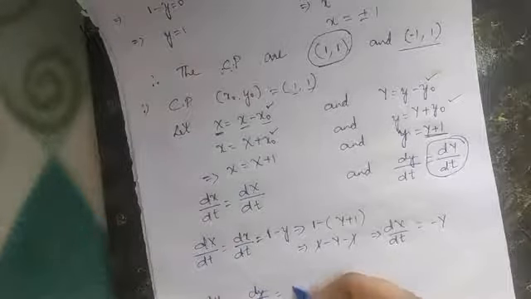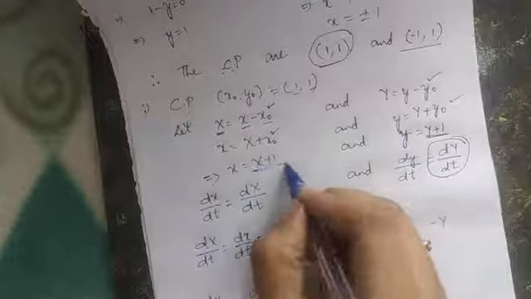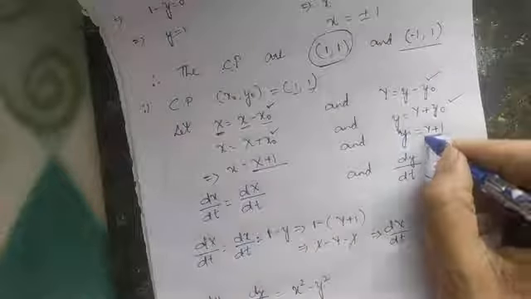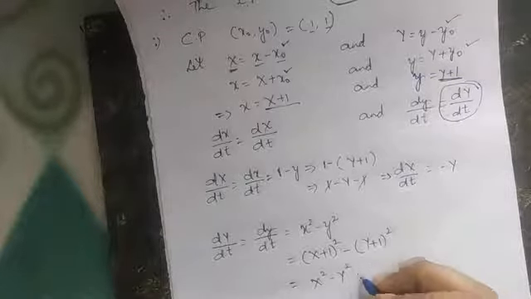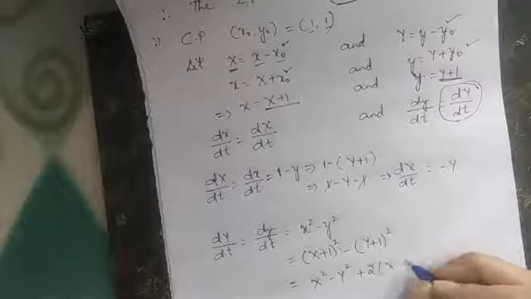From the given equation, dy by dt is nothing but x square minus y square, but x is nothing but capital X plus 1 and y is nothing but capital Y plus 1. Substitute those values here, you will get capital X plus 1 whole square minus capital Y plus 1 whole square. If you solve this, you will get capital X square minus capital Y square plus 2 into capital X minus capital Y, right?